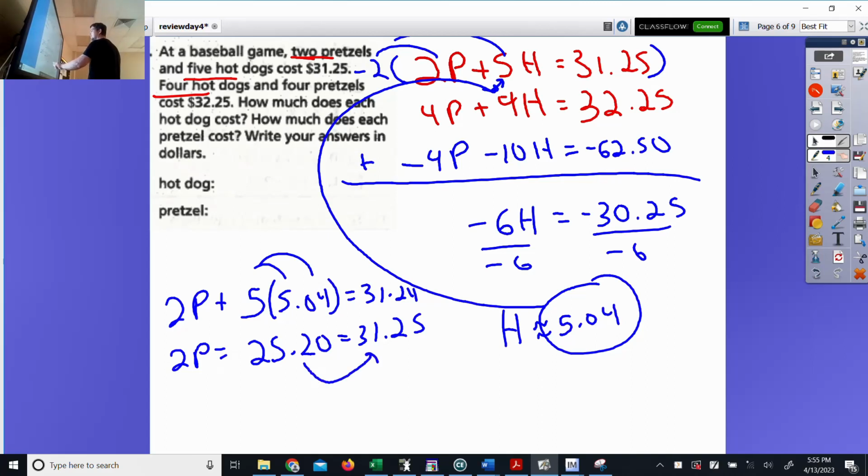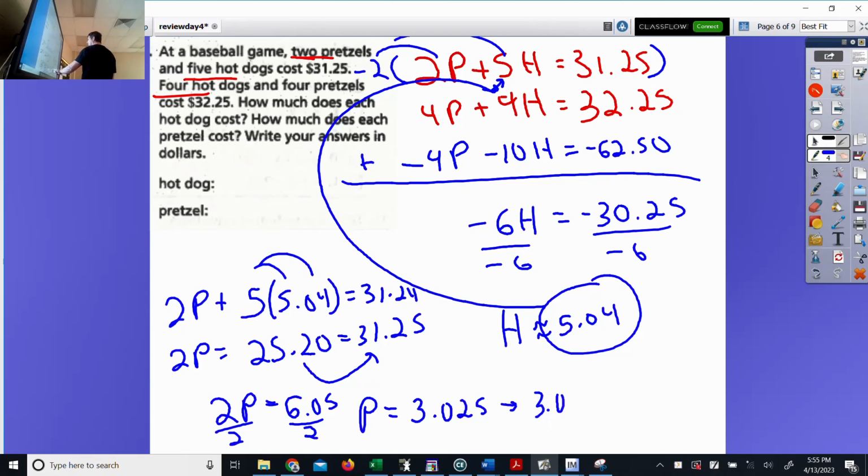A little subtraction operation there. I guess you get $6 and a penny. Okay, $6 and a nickel. And divide by 2, you get that a pretzel is 3.025, which means $3.03.